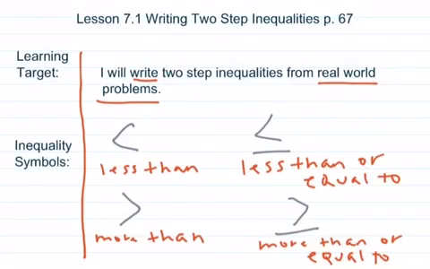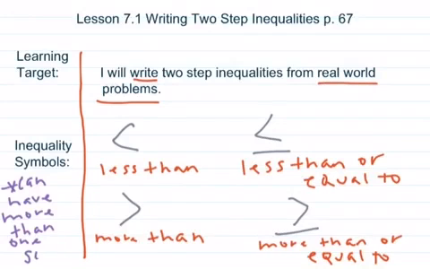So something that's different about inequalities and equations. Try to think of something that's different. I'm going to write over here a little star, and I'm going to put: can have more than one solution.